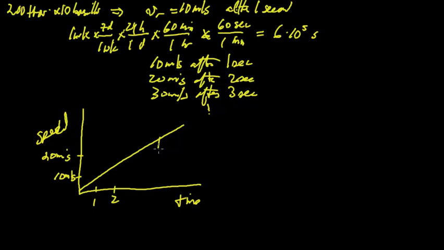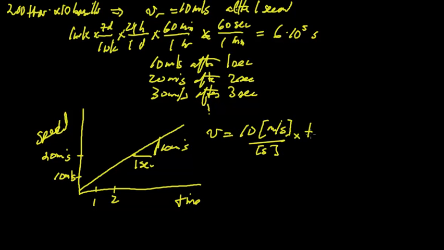So the slope of this line is 10 meters per second change every single second. And so the equation of this line is, since it has an intercept of 0, we have 10 meters per second every single second, that's the slope, times the time.